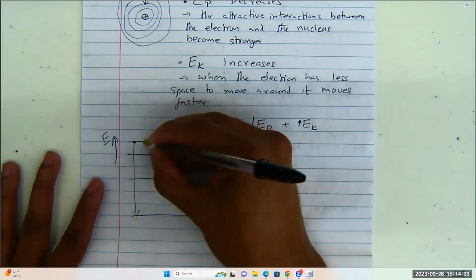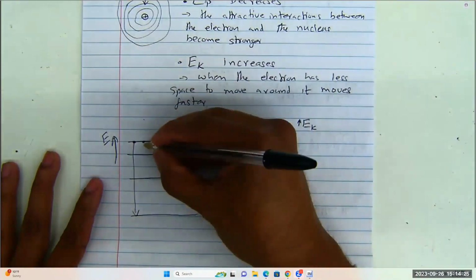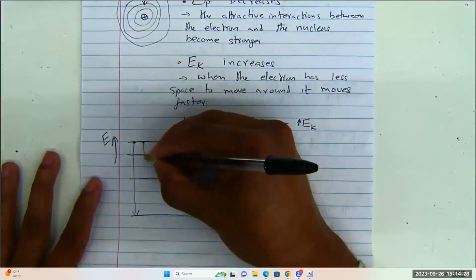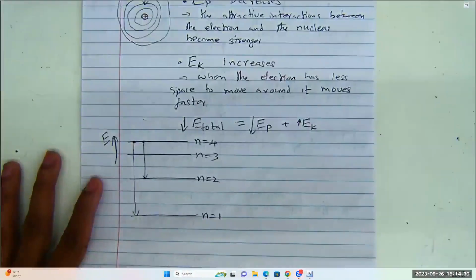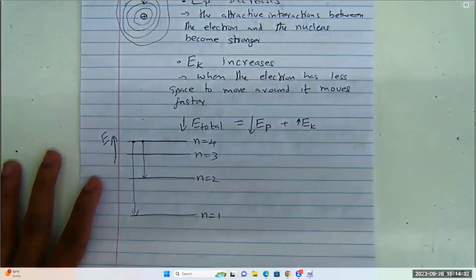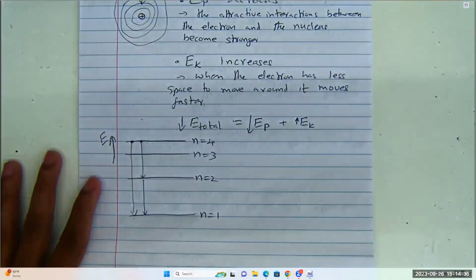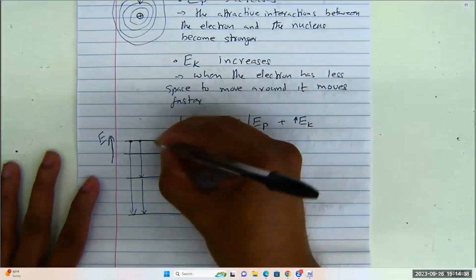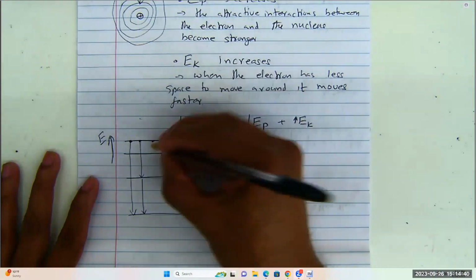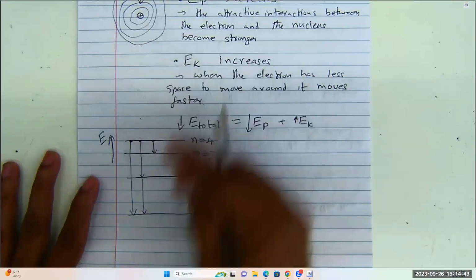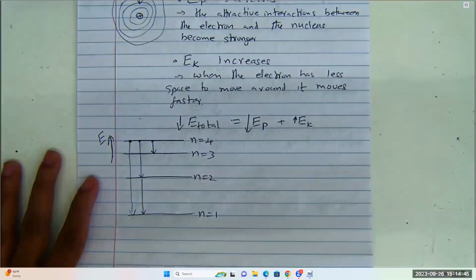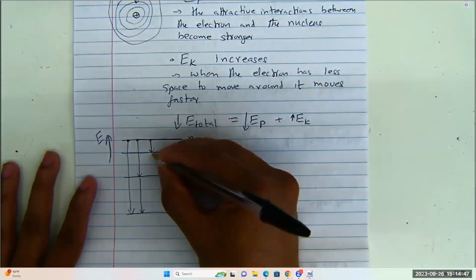Or this electron can come down to n equals 2. That's transition 2. And then n equals 2 can come down to n equals 1. That is 3. Or this electron can come down from n equals 4 to n equals 3. That is the fourth one.